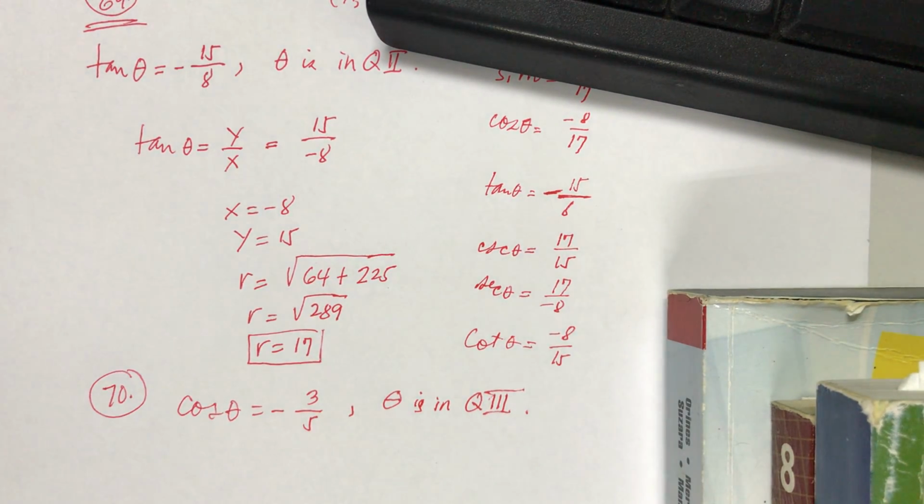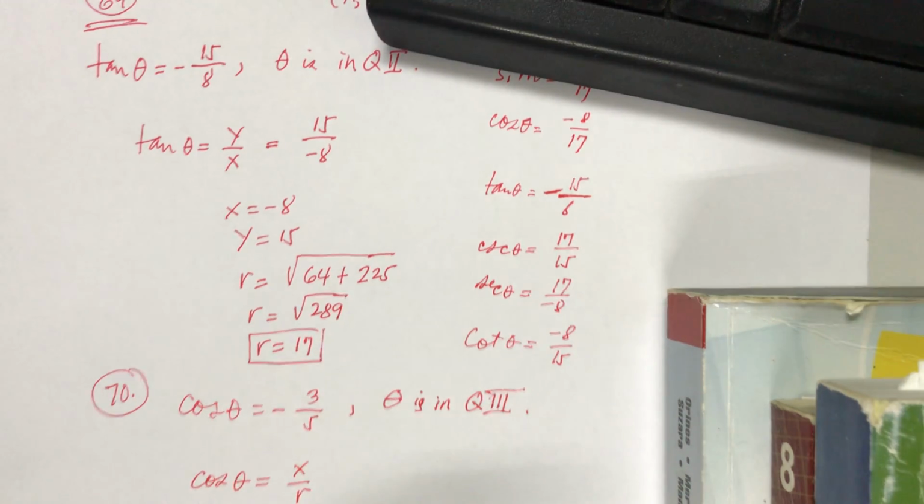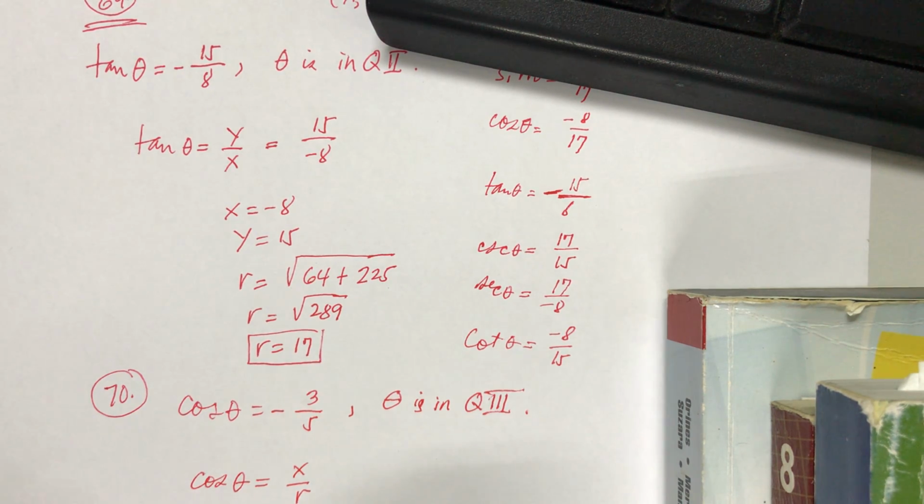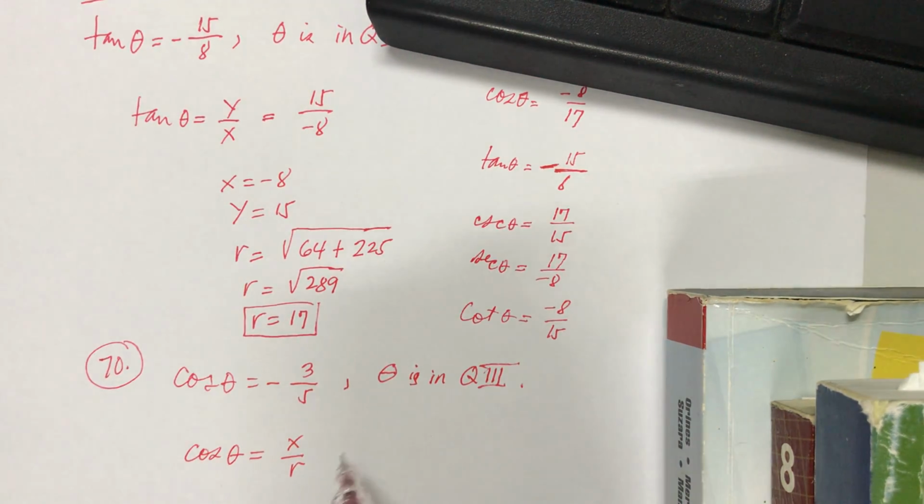Like in the previous examples, the negative sign is neither placed in the numerator nor the denominator. It is written before the fraction. But what we know is that cosine theta is defined as x over r. And since r is always positive, therefore, it should be the numerator that is negative.